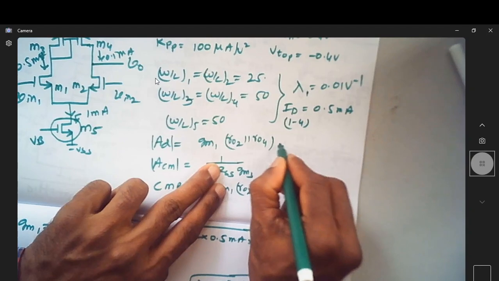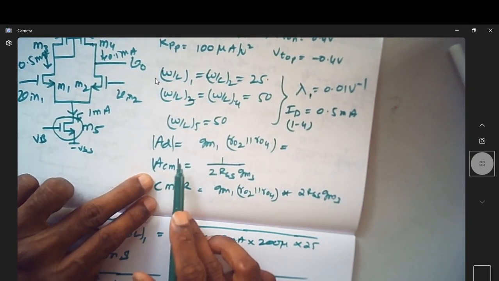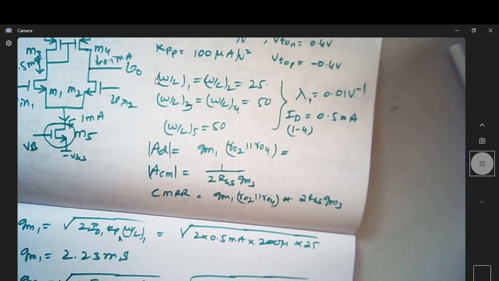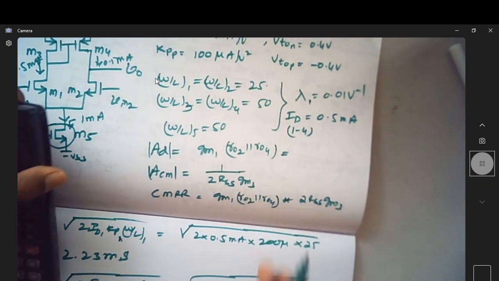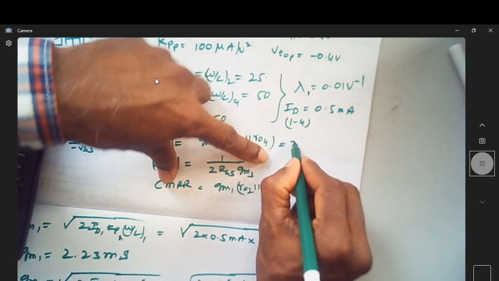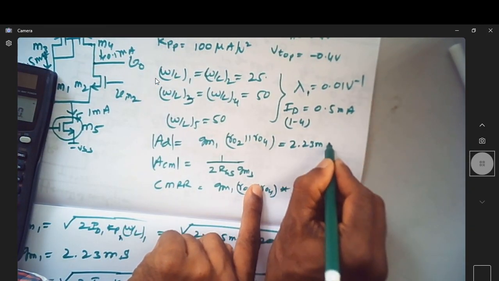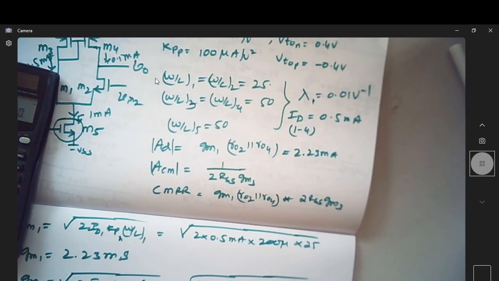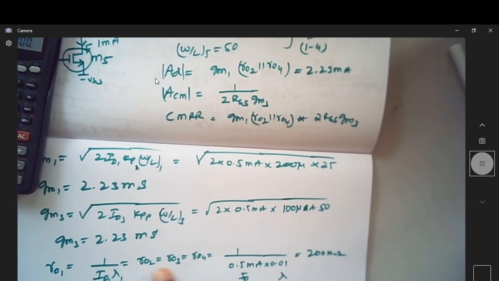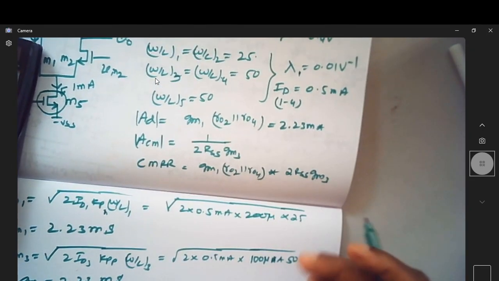Let me substitute here only. What is this now? AD magnitude is GM1 into R0 parallel. GM1 is 2.23 milli multiplied by, how much is R02, R04, R0? All the resistances are 200k. 200k in parallel with 200k will become 100k.